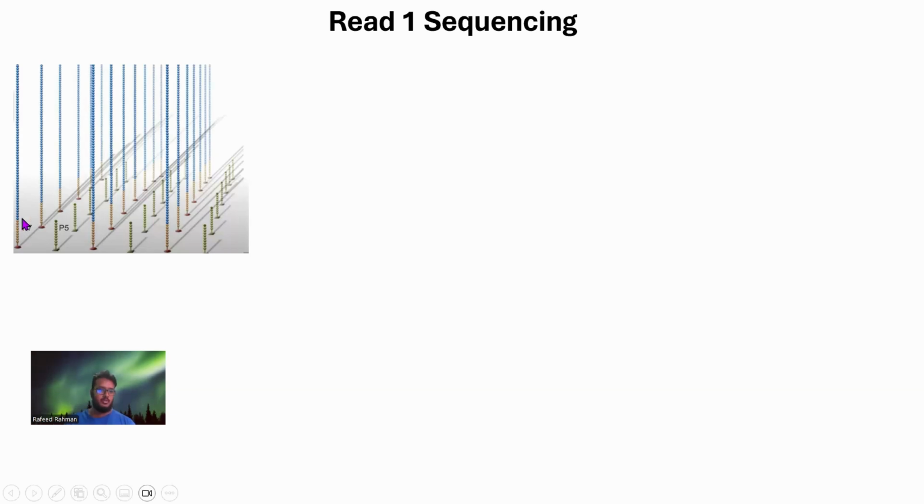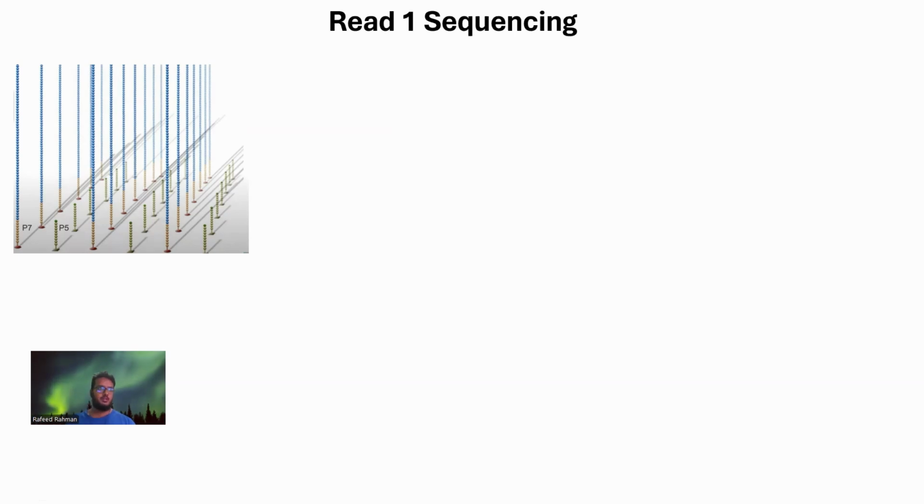We can assume that everything attached to this P7, the orange locations, are either forward or reverse. So everything attached to the orange places can be forward strands, or everything attached to the orange spaces are reverse strands. So there is no mix in the orange ones, right? And in the green ones, it's the opposite.